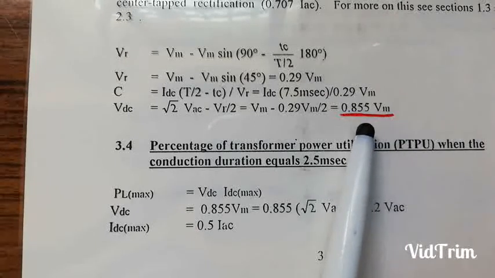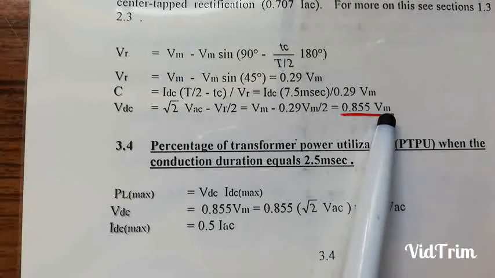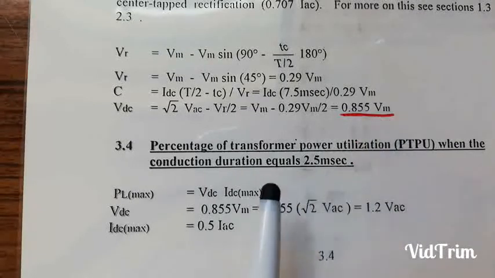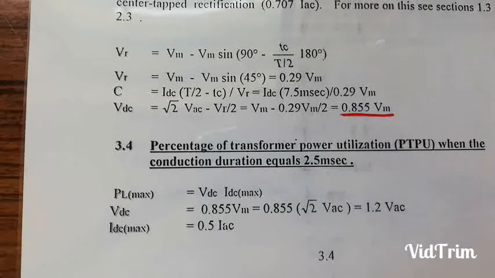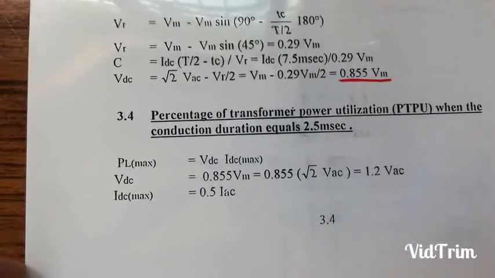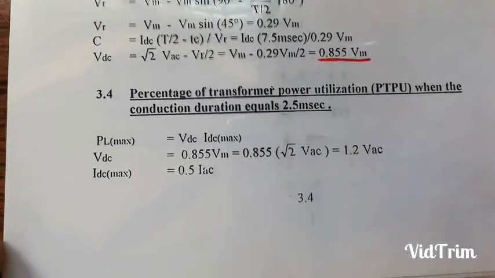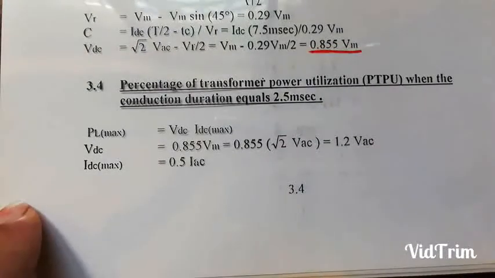So you can get about 0.9 of the maximum peak value as a DC value, of course, like we said before, with the conduction duration of 2.5 milliseconds. Okay, now let's go further a little bit. More equations.